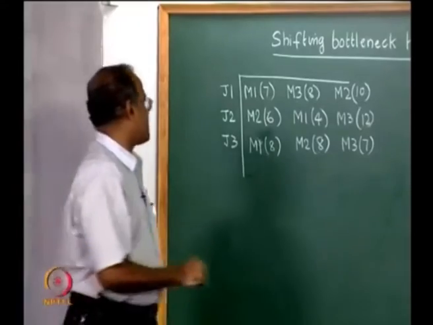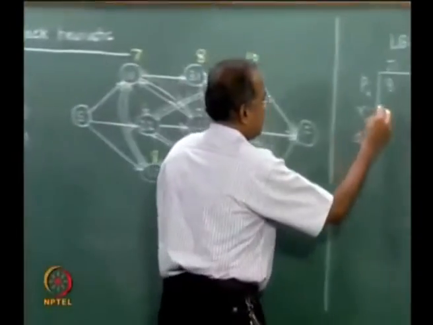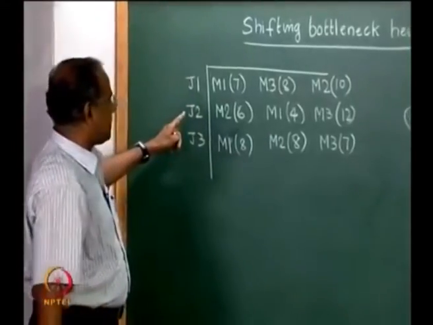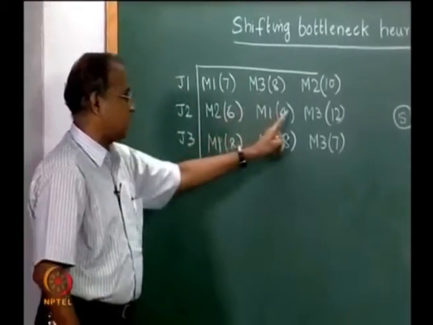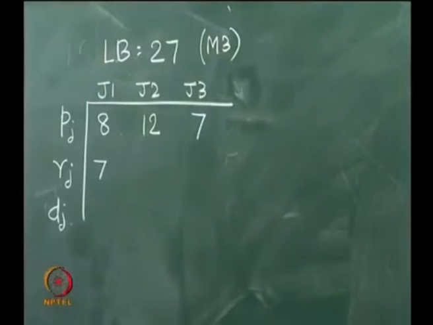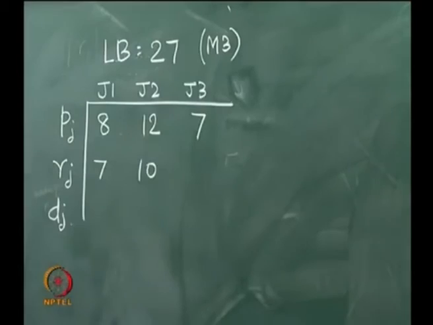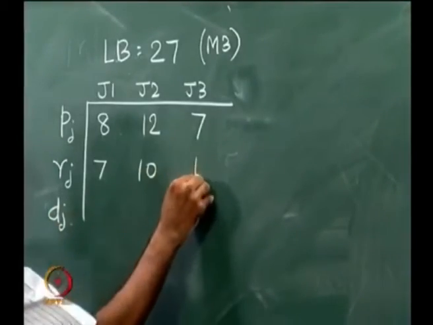So, earliest release time for J1 on M3 is 7, earliest release time for J2 on M3 is 10, 6 plus 4, and earliest for J3 is again 8 plus 8, which is 16.